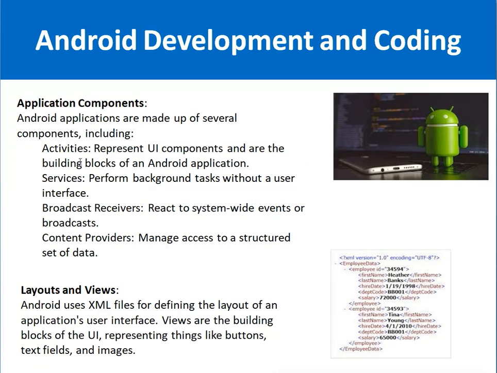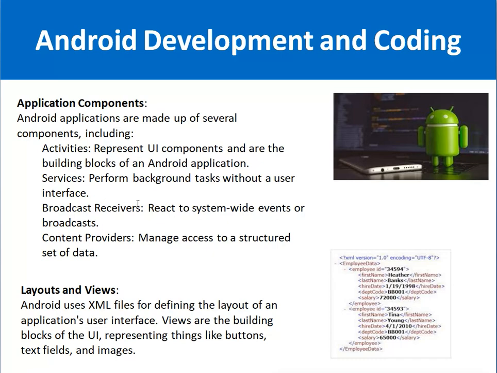Then application components. The application architecture or components of Android applications include, first, activities. Friend, these represent the UI components and the building blocks of an Android application. Then services, which perform background tasks without a user interface.